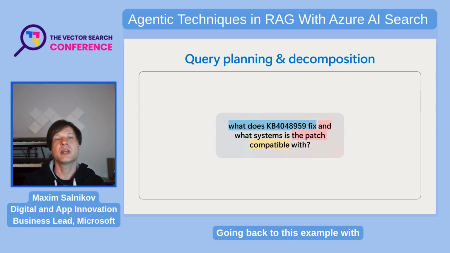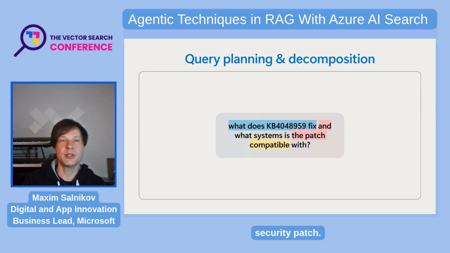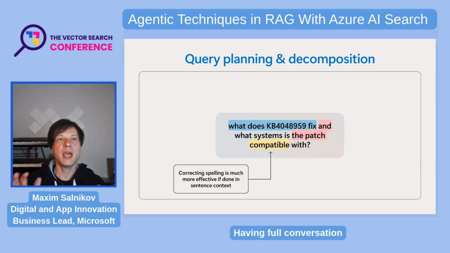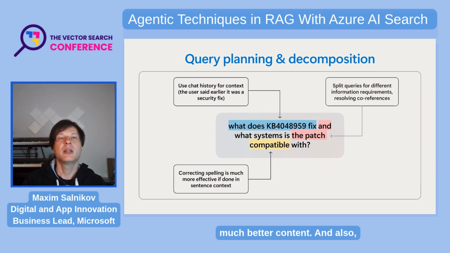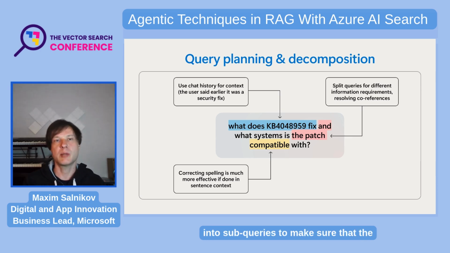Going back to this example with the security patch, having the full conversation history passed as input provides a much better fix of the typos and provides much better content. And also now we can split queries into sub-queries to make sure that results are best of the best.